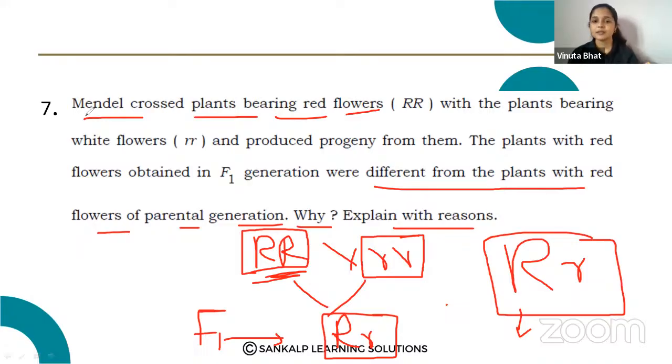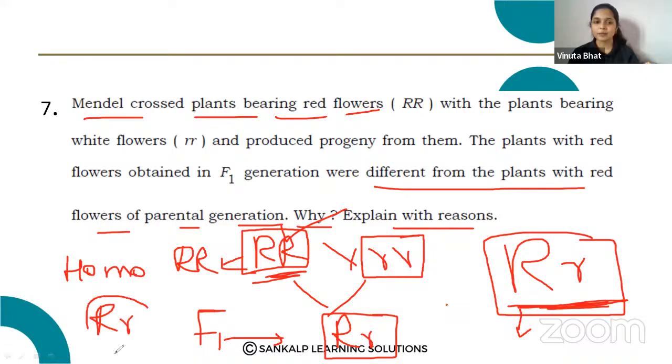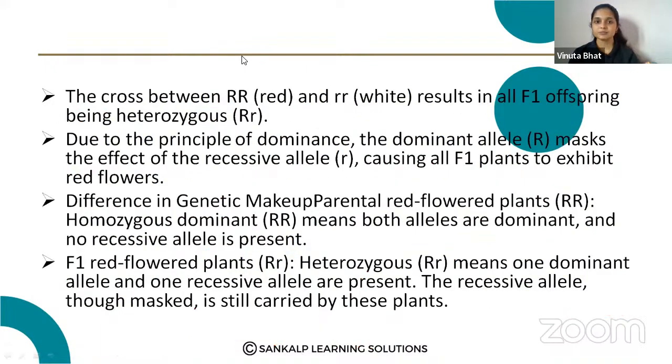So what is the reason? Here, the red color flower producing plant in the parental generation is in the homozygous condition. Pure breeding, homozygous, means it has RR. But in the progeny, in the F1 generation, it has capital R and small r, right? It's genetically different from its parent. You can write the answer like this.